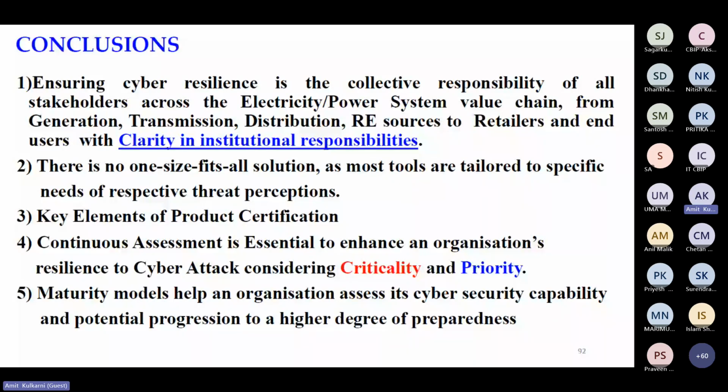Key elements in product certification: the one who is responsible for deciding which product is to be certified and how, an on-site committee to monitor the certification, etc. All these things should be included. Continuous assessment is essential to have cyber resilience against cyber attacks, considering criticality and priority.